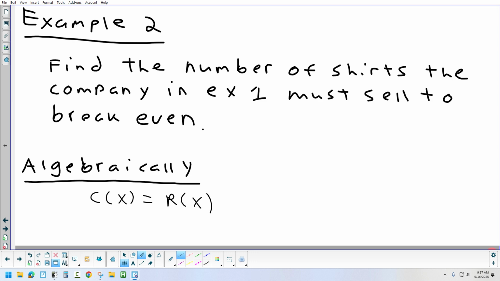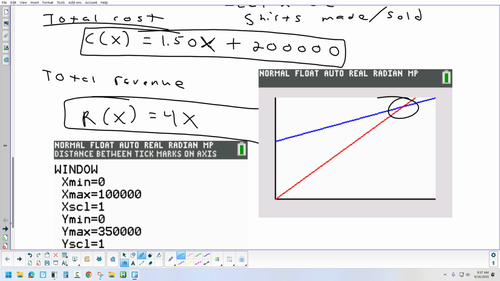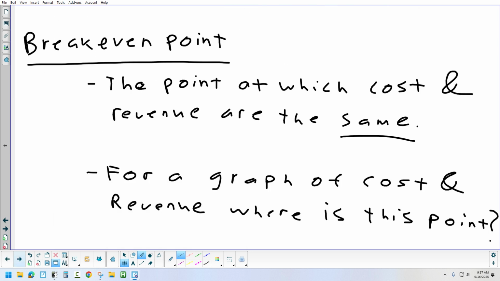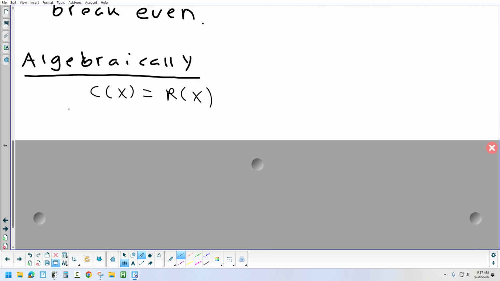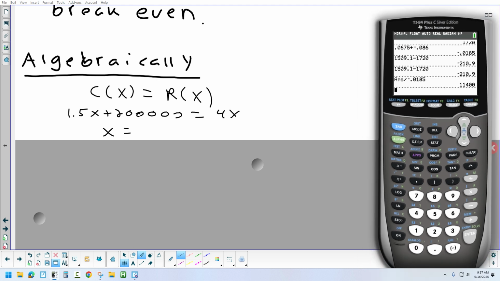So just look up your two formulas for cost and revenue. 1.5x plus 200,000 equals 4x. Okay, so when we subtract that, 200,000 equals 2.5x. So take 200,000 and divide by 2.5, and you get 80,000 shirts.